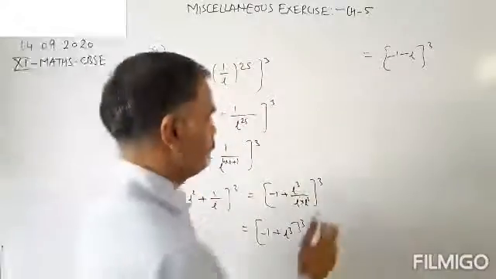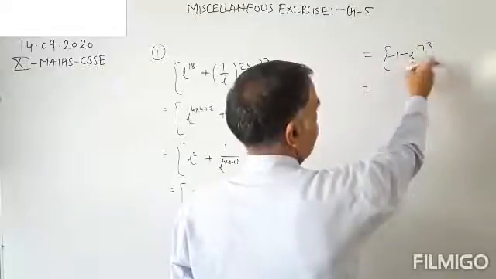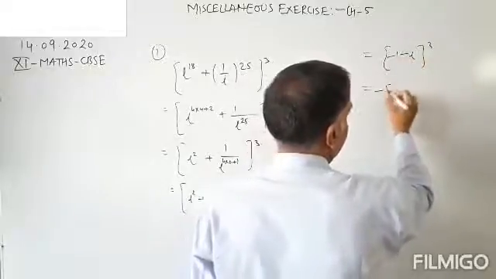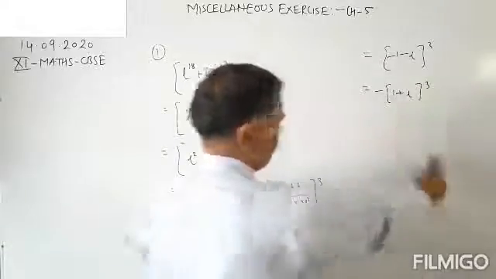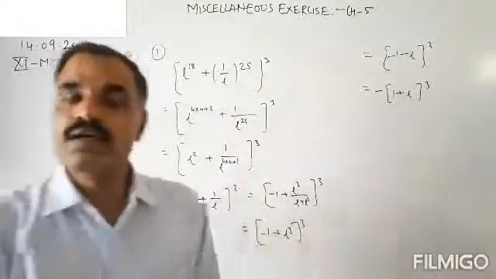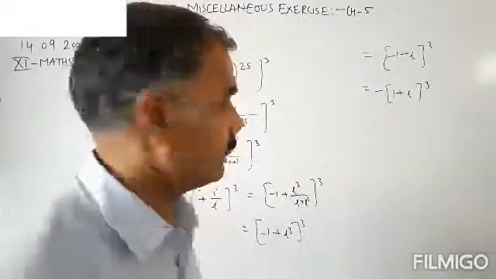Taking minus outside the bracket, we will have minus (1 plus iota) whole power 3. Now expanding the bracket using (x plus y) whole power 3, that is a cube plus 3a square b plus 3ab square plus b cube.